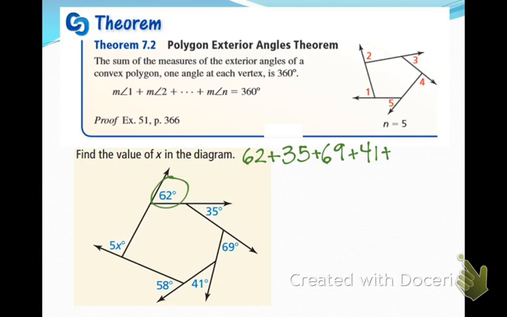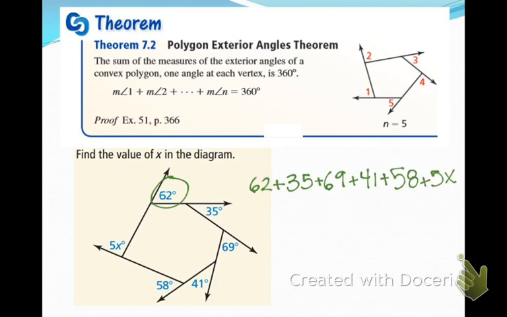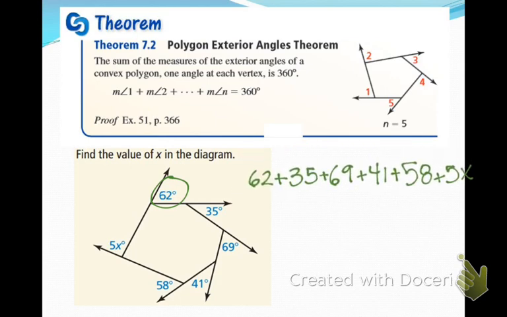Y'all, I have to zoom in and out to write on this thing. Plus 5x, and what does it all equal? It equals 360. This is an extra example; you see how it's that color?